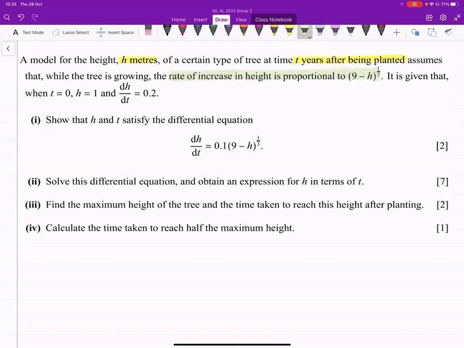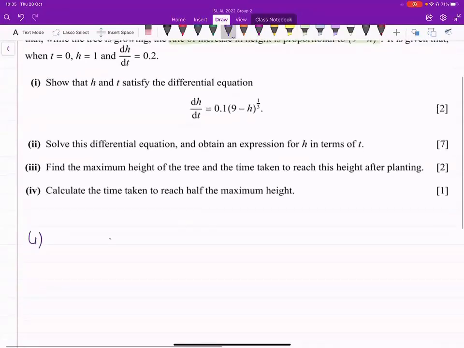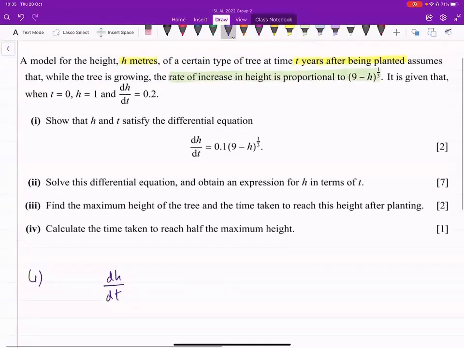This is the statement that's actually telling you the relationship. Rate of increase in height. How do you translate that to a mathematical form? dh over dt. So that's dh over dt. Okay? Is proportional to 9 minus h whole raised to power 1/3. अच्छा इसने यहाँ पे नहीं बताया कि वो directly proportional है, inversely proportional है.